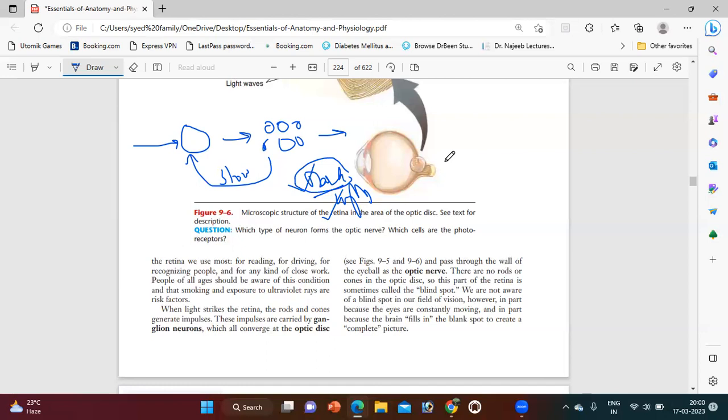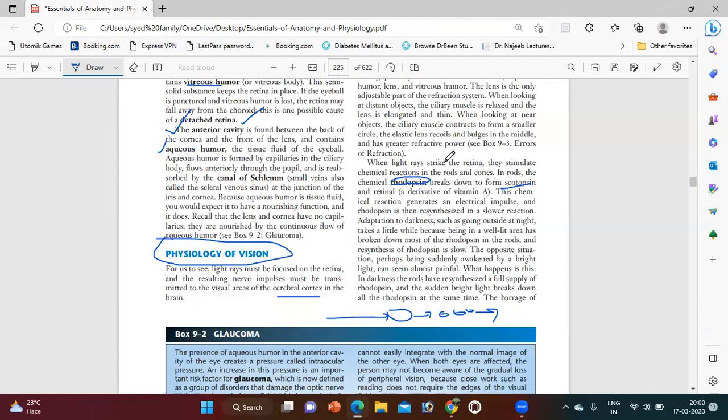Suddenly the light enters and breaks down the rhodopsin, and rhodopsin converts into scotopsin, then again resynthesizes. Since the resynthesis is a very slow process, it will take time to see the outer environment, mainly in bright light. So it mainly happens in the early morning when someone wakes you up.